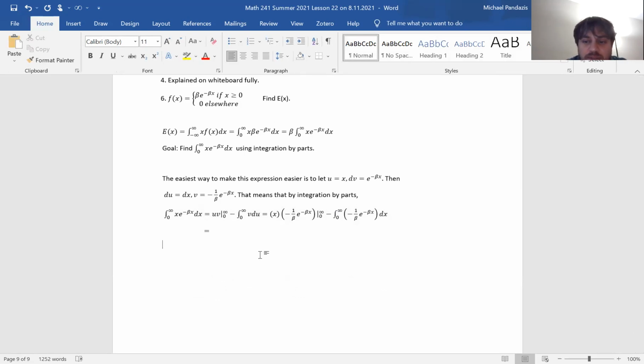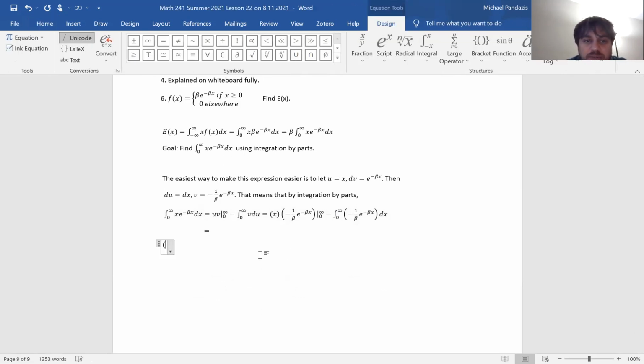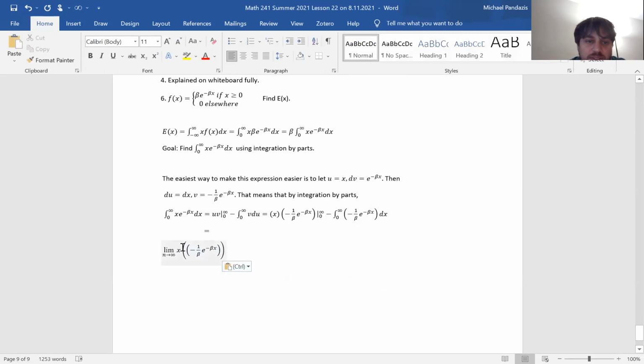When x is infinity, you have the limit as x approaches infinity of x times this expression. Because this is plugging in for infinity. It's like double parentheses here. I don't want that.